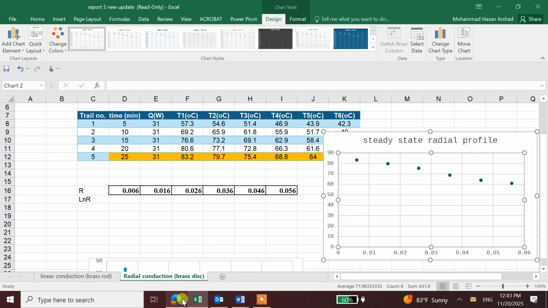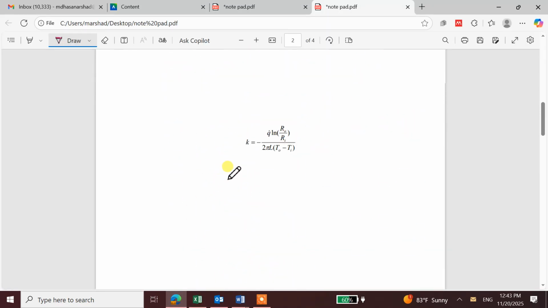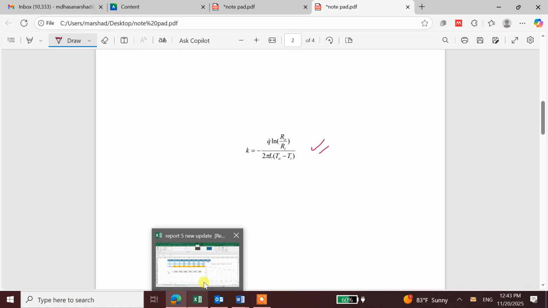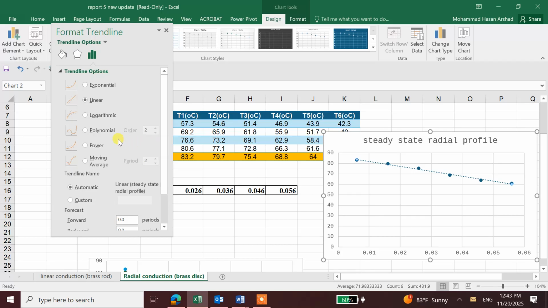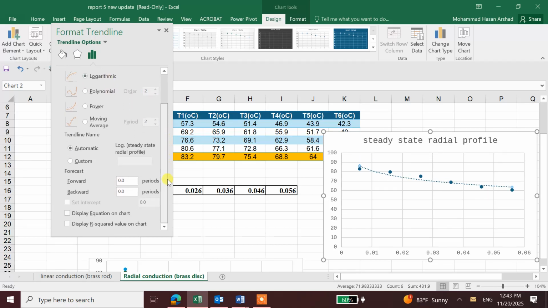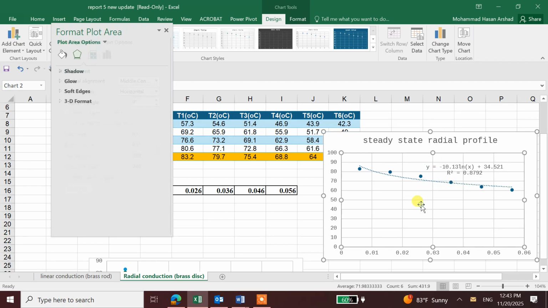But if you look at the equation, T versus r is logarithmic. So you fit a logarithm profile, because the equation is logarithmic, we can't force it. This is by the equation, by theory.